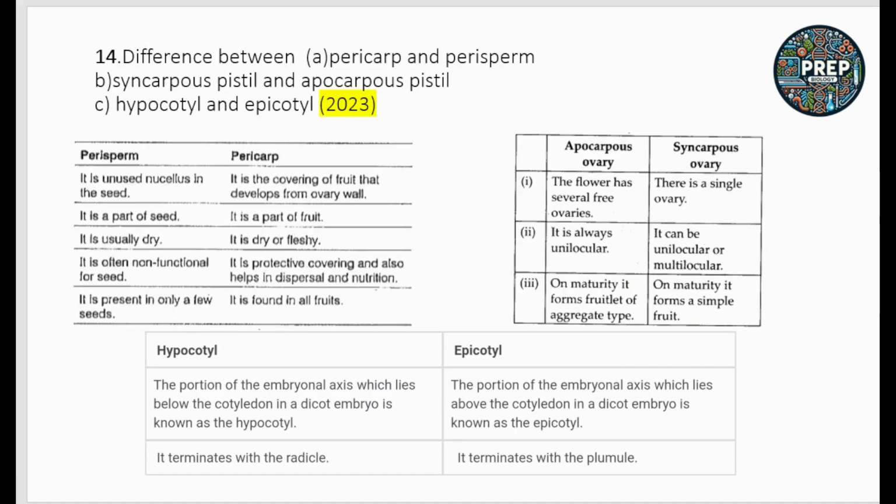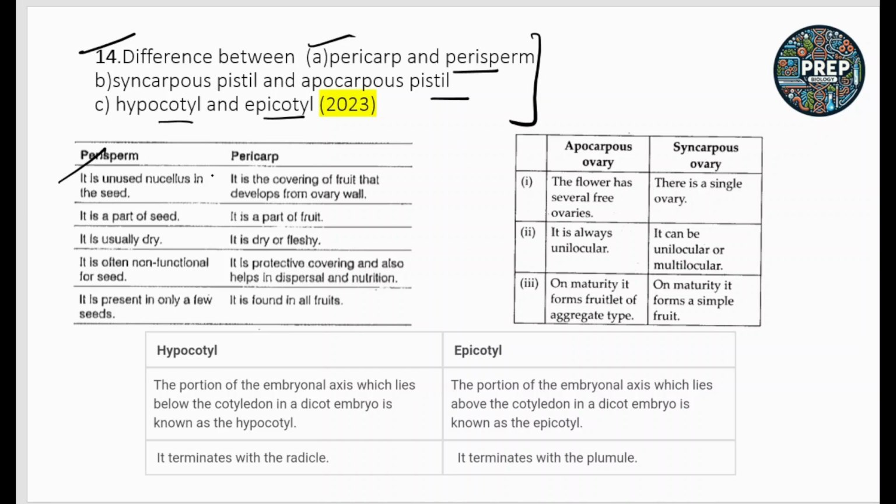Next, the differences in this unit are also very important, which are also mentioned in your NCERT exercise: difference between perisperm and pericarp, difference between syncarpous pistil and apocarpous pistil, difference between hypocotyl and epicotyl. Just go through all these differences I have mentioned in the classes also.